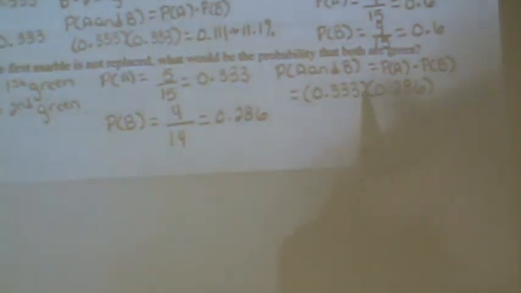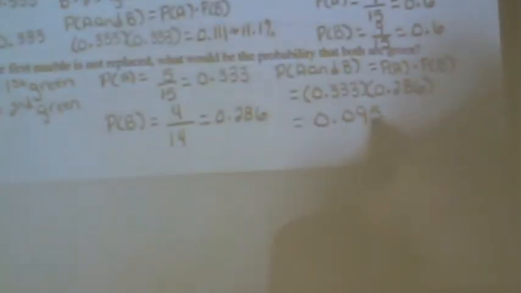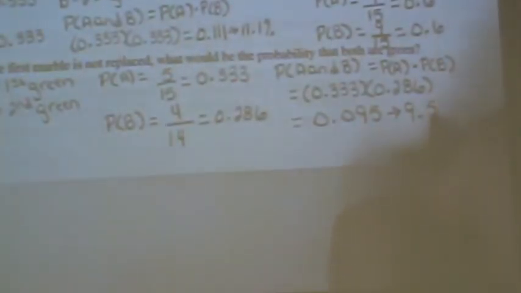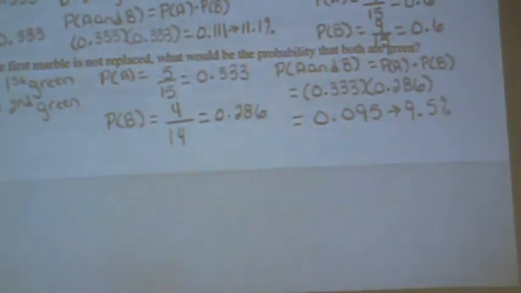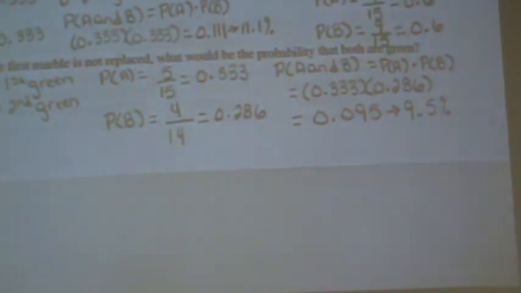And when we multiply through, you should get 0.095, and that translates to 9.5%. So there's a 9.5% chance of picking a green marble, not putting that marble back, and then picking another green marble. So if we compare that to A, where we were putting the marble back, it's a slightly smaller percentage now because we didn't put that back. So it does matter whether your events are independent or dependent.